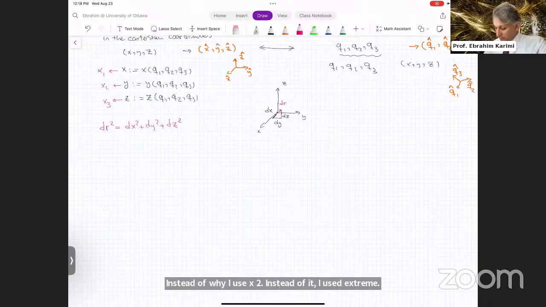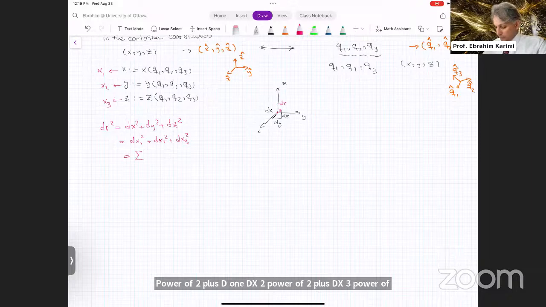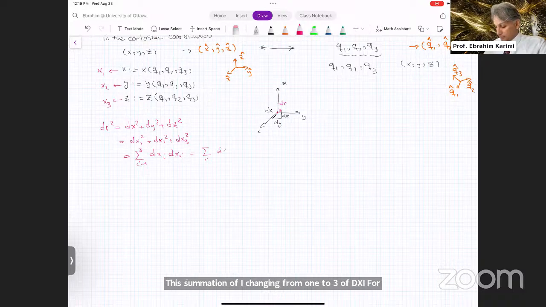So that can be written as dx1 squared plus dx2 squared plus dx3 squared. In a simple notation, that is the summation of i changing from 1 to 3 of dxi dxi, or for short, you can write it as dxi to the power of 2.